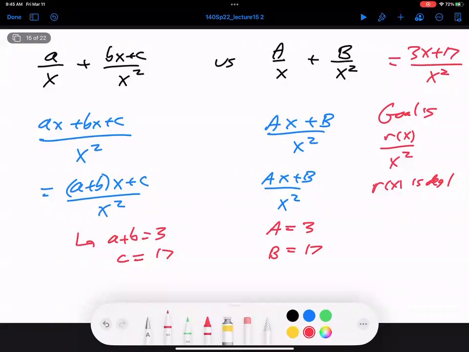Do we need to have both little a and little b? We have more variables than equations. We don't need little a and little b. Little b is extra. If you want little b to be 6, I can just adjust a by subtracting 6 from it.